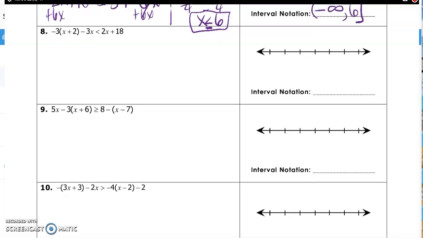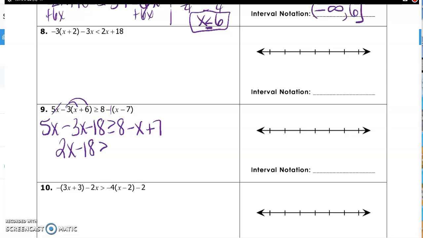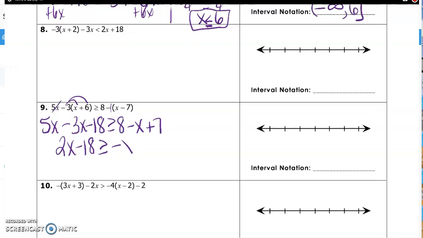And number 9, 5x, you're distributing negative 3. Minus 3x minus 18 greater than or equal to, here you're distributing negative 1. 8 minus x plus 7. So 2x minus 18 is greater than or equal to negative x plus 15.